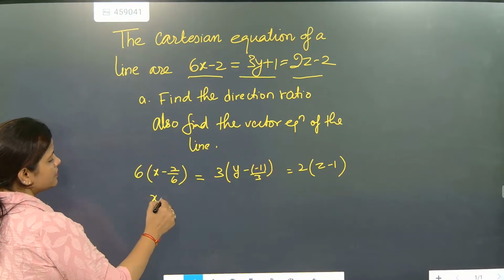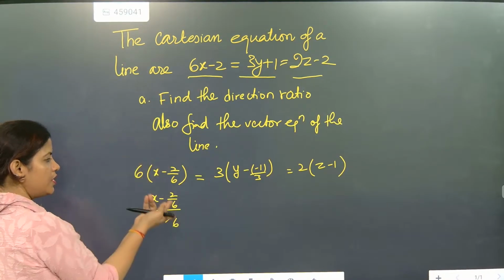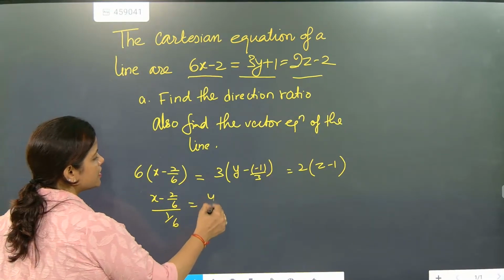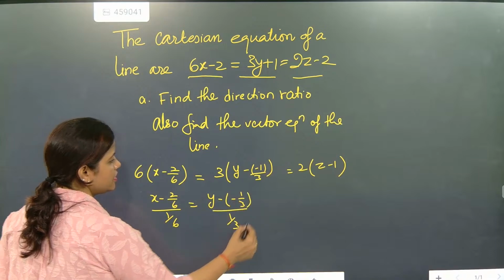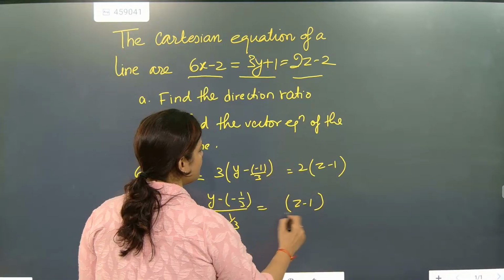So now it becomes x minus 2 by 6, that is x minus 1 by 3 over 1 by 6. Then y minus of minus 1 by 3 over 1 by 3 equals z minus 1 over 1 by 2.